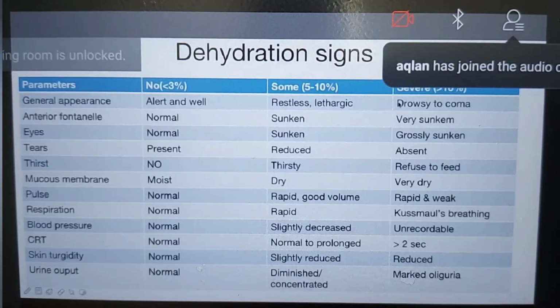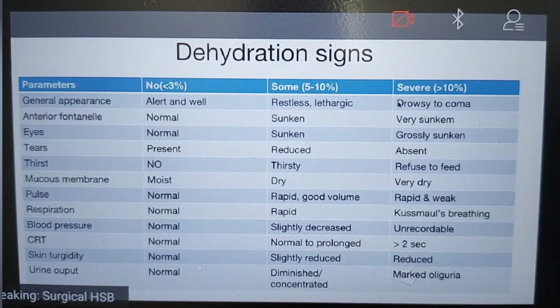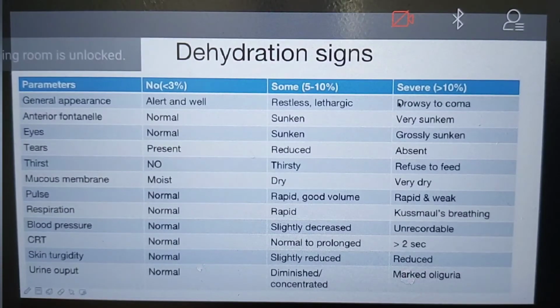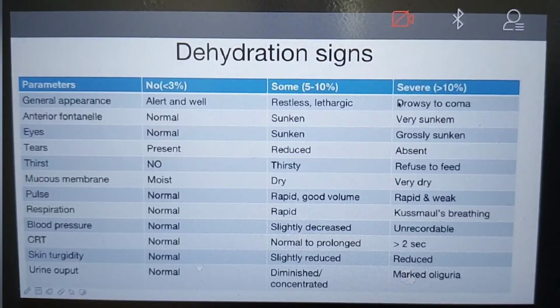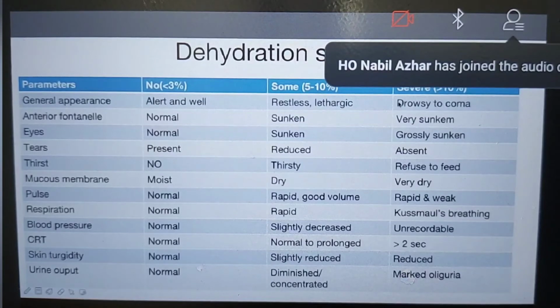Respiration will be rapid in some dehydration, and we can also find Kussmaul breathing in severe dehydration. Blood pressure slightly decreases towards hypotension in some dehydration, but will be hypotensive or even unrecordable in severe dehydration in children.